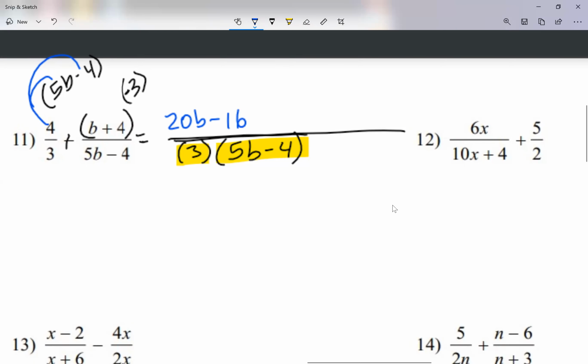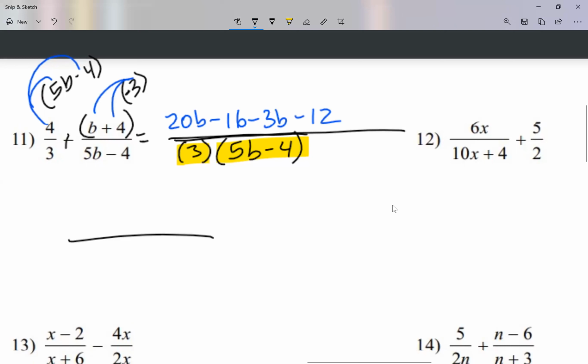Don't worry about the parentheses at the bottom. Now on the second fraction, let me distribute the -3. So that gives me -3b minus 12. The bottom of the fraction, it's a 3 and a 5b minus 4. I'm not going to do anything with my denominator, okay?